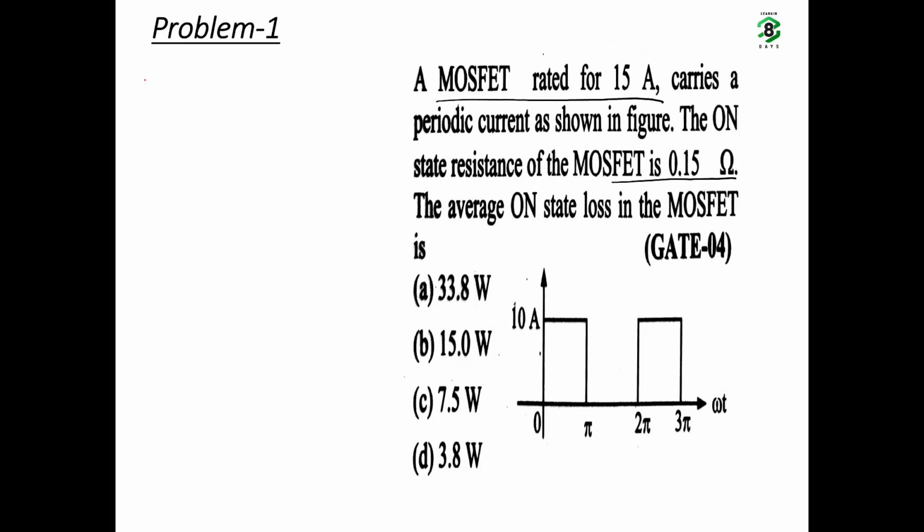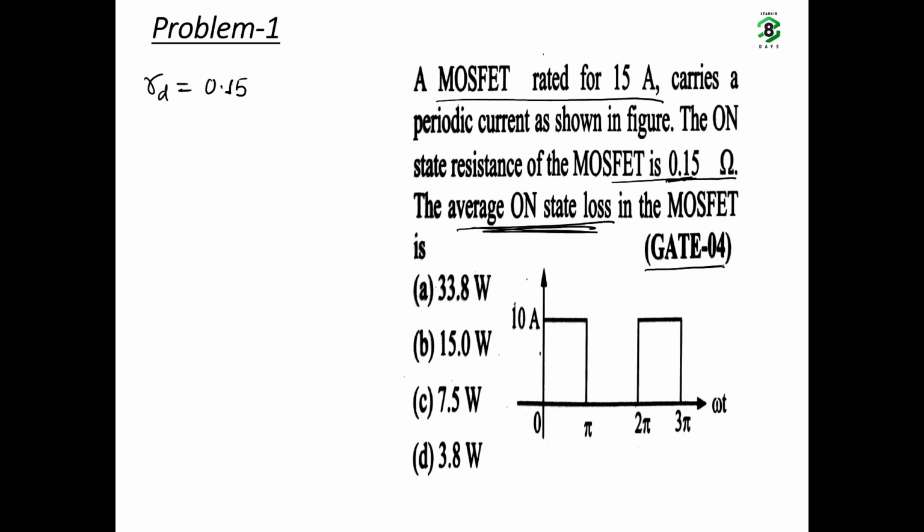This resistance is nothing but RD, because as I told you, a MOSFET doesn't encounter any junction, so we don't represent it with a voltage source. We represent it with a resistance only, and that value is given as 0.15. The question asks for the average on-state loss, that is the conduction loss. Whenever it asks on-state, it means conduction loss. This question was asked in GATE 2004.